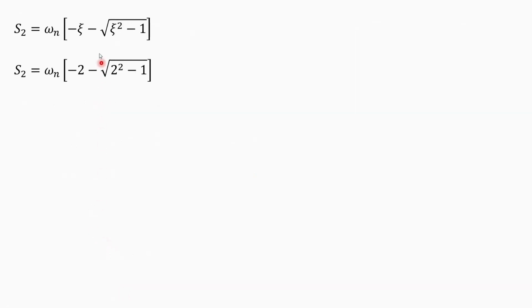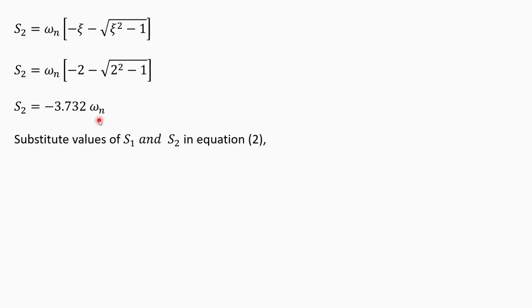Similarly, for S2 we have to use the negative sign. So S2 will be equal to omega n multiplied by minus 2 minus square root of 2 square minus 1, so it is again minus 3.732 omega n. We now have the values of S1 and S2, so we substitute them in the general solution.